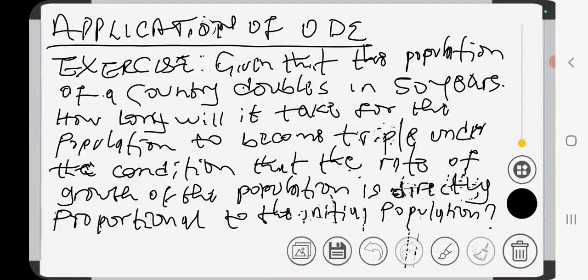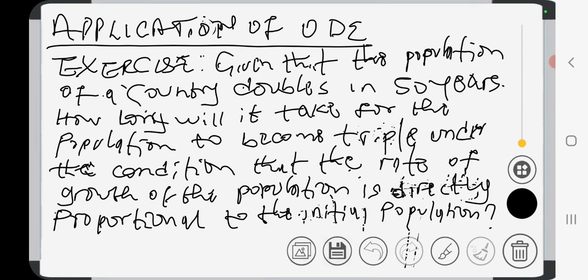Today we are taking a topic in mathematics, and that particular topic is the application of ordinary differential equations. Now, we have to solve a problem, and the exercise says: given that the population of a country doubles in 50 years, how long will it take for the population to become triple, under the condition that the rate of growth of the population is directly proportional to the initial population?